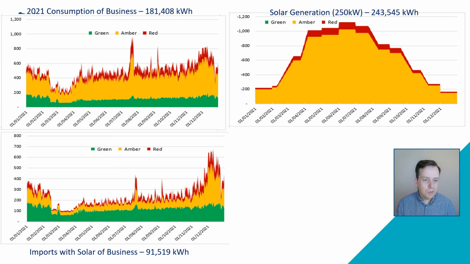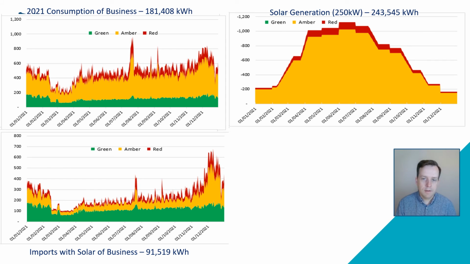So your new import consumption looks like this. The green is virtually the same. Just bear in mind that the scale has slightly changed. So 600 at the middle of the chart is now up here. If we look at the green, let's say between 100 and 200, that holds through, so the green has not been affected by the solar generation, and also the winter usage has had minimal effect on the amber period.